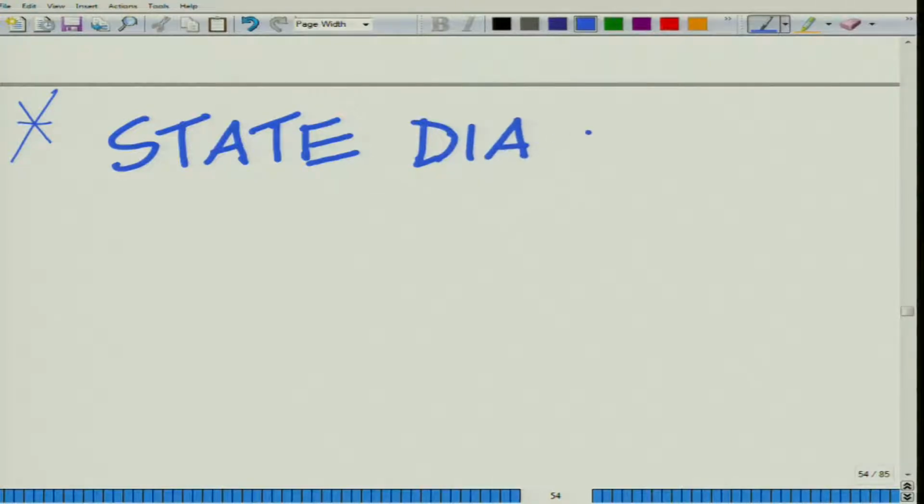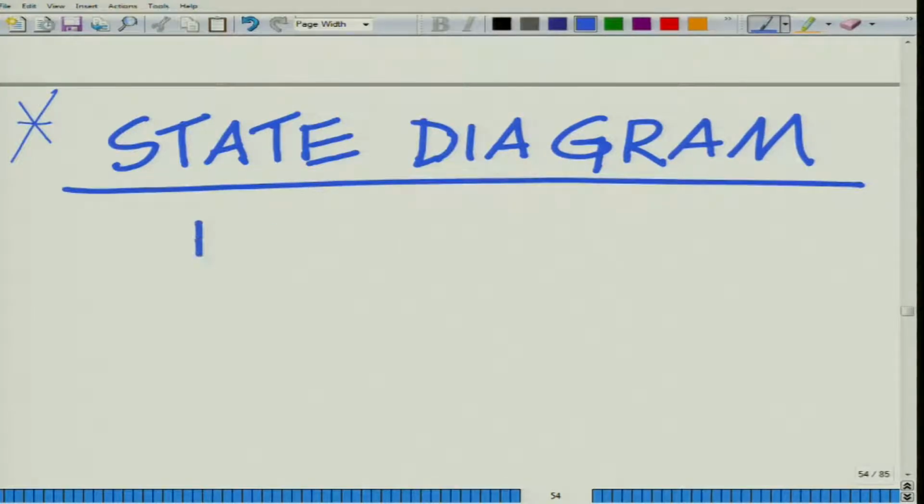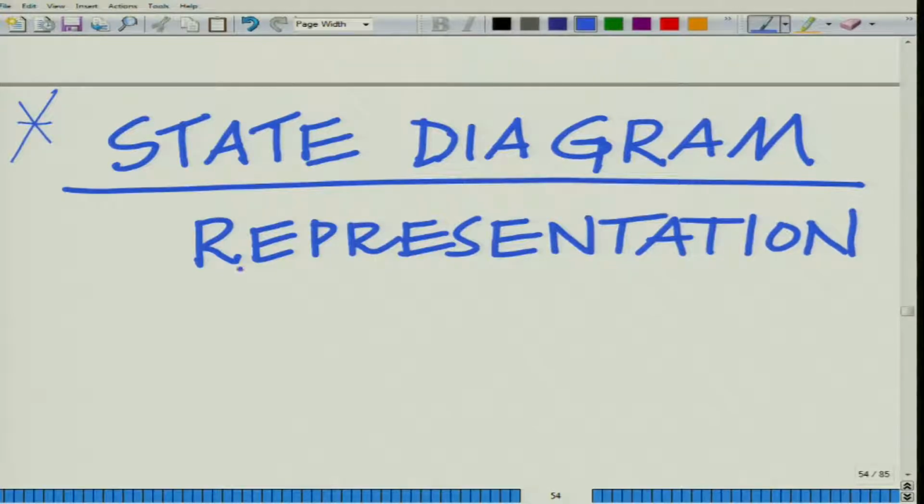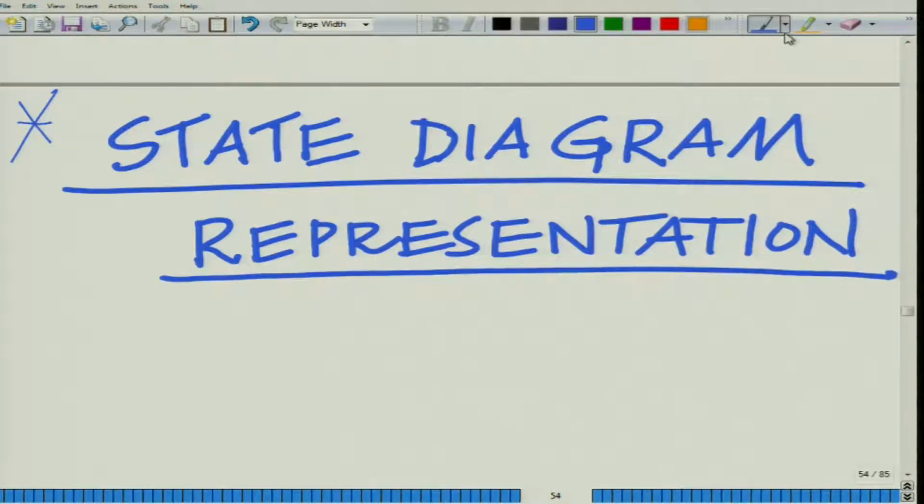So this is a state diagram representation, a state diagram representation of a convolutional code.